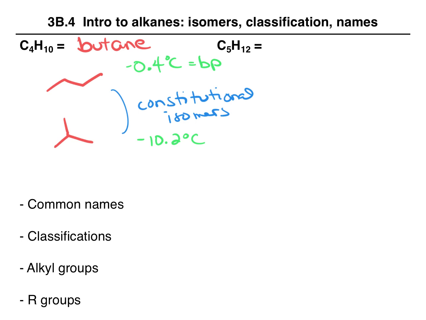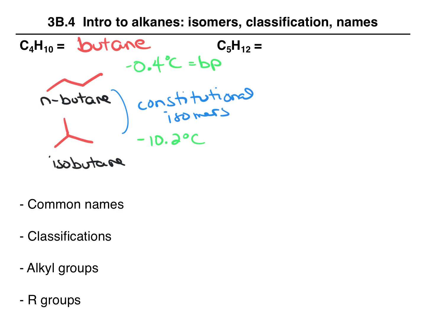But when we're talking about C4H10, now we have two different possibilities, and so we need to distinguish them by name. The top one, as we just mentioned on the previous slide, would be called n-butane, and then the second one is called isobutane, where iso refers to having a methyl branch off of the second carbon.